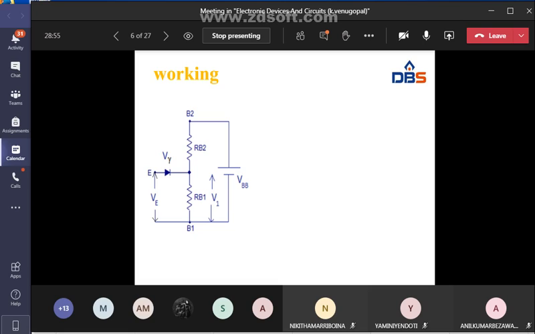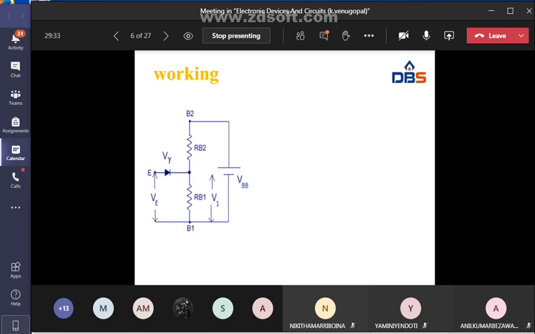Up to 5 volts of emitter voltage, the diode is in off state. When the emitter voltage increases beyond 5 volts, to about 5.7 volts, then the diode becomes forward biased and conducts. Now the majority carrier current flows through the UJT.